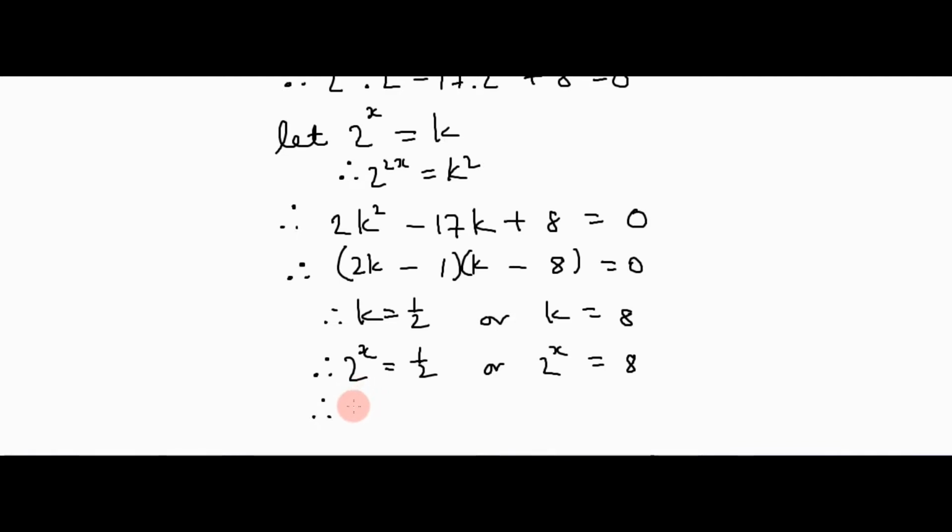So this equation we can write as 2 to the x equals 2 to the negative 1, and hence x equals negative 1. Because the bases are the same, the powers must be the same. Or 2 to the x using prime factors equals 2 cubed, and hence x equals 3.